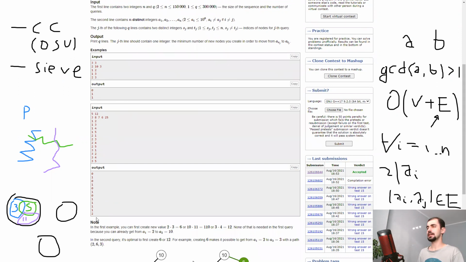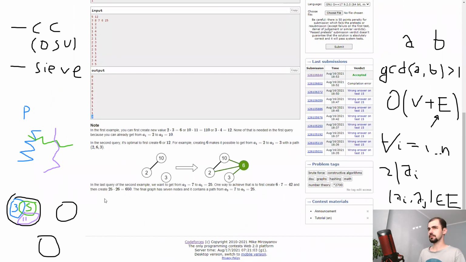For ones, I guess there will be a way to determine them. Obviously, if the answer could be only 0 and 1, we could check if it's 0 with DSU and then just output 1. But here, apparently, they say that the answer can be 2. But still, maybe we can limit somehow the answer to this question.